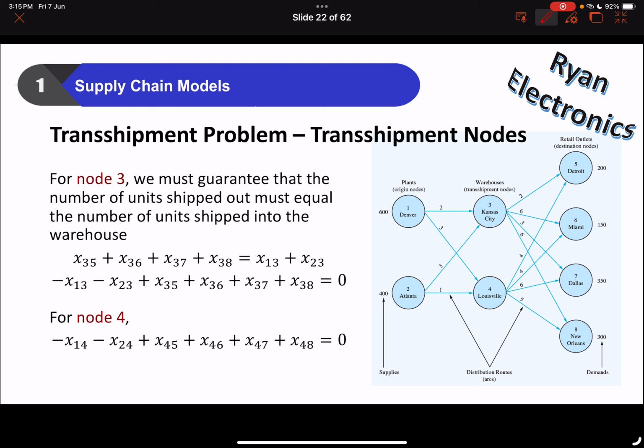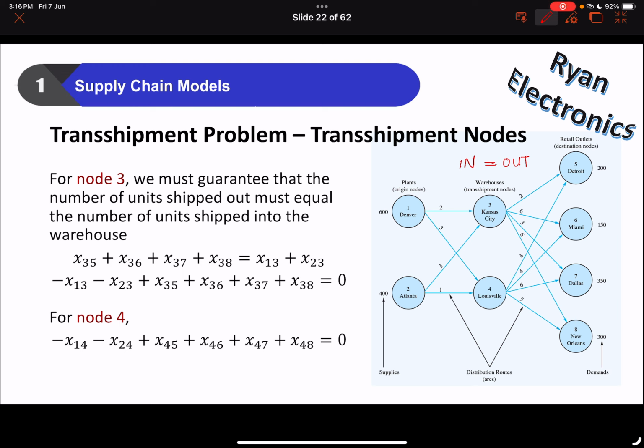So what we are going to look at is that the number shipped in to the warehouse must be equal to the number shipped out of the warehouse. If I ship in 1,000 units, regardless of the original plant it comes from, I must ship out only that amount of units.